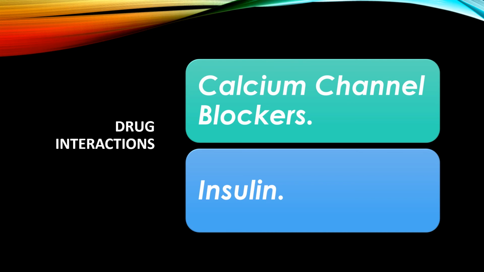And for the drug interactions, if propranolol is given with calcium channel blockers such as verapamil and diltiazem, it can cause reduction of heart rate, suppression of AV conduction, and suppression of myocardial contractility. And if it is given with insulin, propranolol can impede the early recognition of insulin-induced hypoglycemia, and it can also block glycogenolysis.